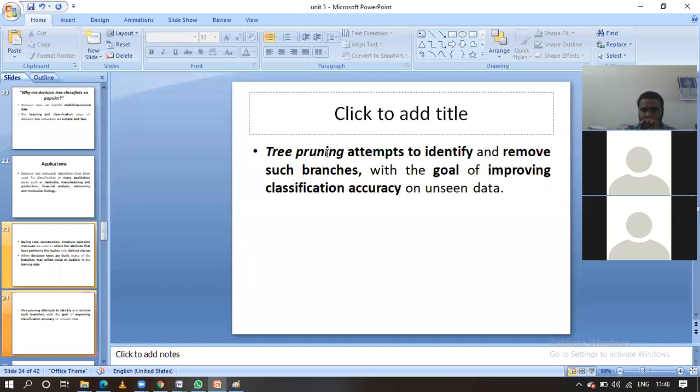With tree pruning, we identify the erroneous branches and remove those branches to improve the classification accuracy. What is meant by tree pruning? It is able to identify the erroneous branches in the decision tree and remove them. It will be helpful in improving the classification accuracy, guys.